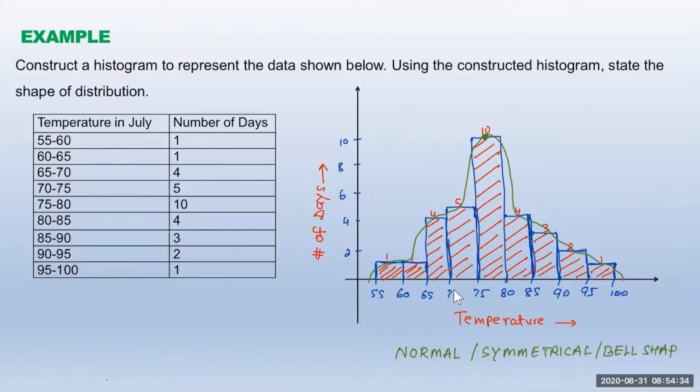You don't have to write all of these; you just have to write one name, and that's okay. You can say bell-shaped, or symmetrical, or just normal distribution. You can see the data on the left and the right of this tallest bar are pretty much equal, so it is a normal, symmetrical, or bell-shaped distribution.